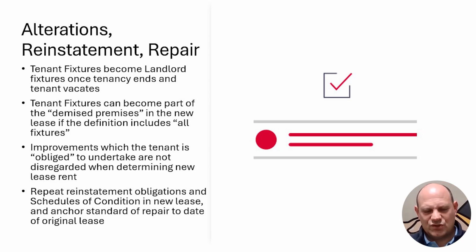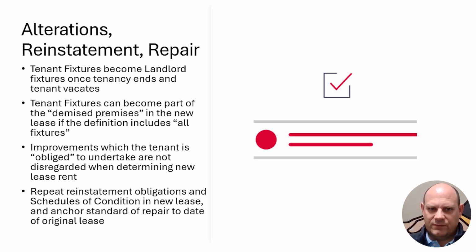So if the tenant has decided voluntarily to install air conditioning, which is a tenant's fixture, which will be an improvement, that is disregarded when looking at the new rent. However, if the tenant was under an obligation to the landlord to install the air conditioning, as opposed to the tenant volunteering to install it, then the disregard under Section 34, subsection 1(c) does not apply, and the air conditioning can be monetized in relation to the new rent.